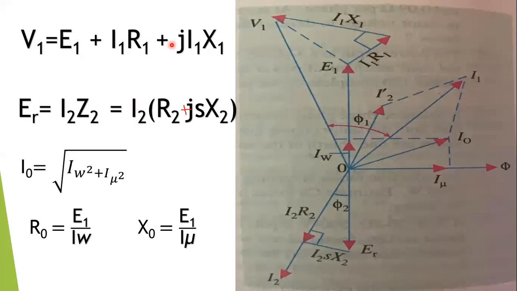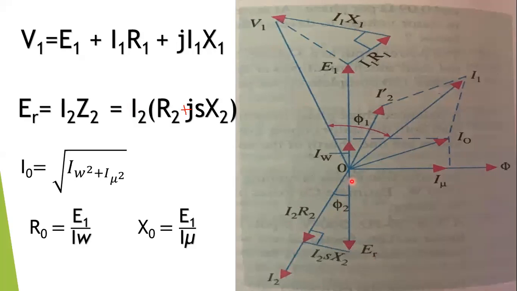First, what are the basic vectors I have to represent? E1 in the primary and ER in the secondary. First we have to draw the secondary vector diagram, and after that you draw the primary.